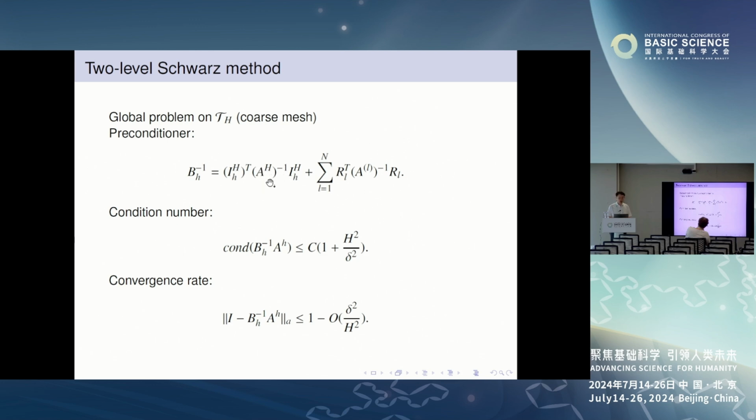This term is where you solve a coarse problem, because we already partitioned the original problem into a coarse space. So we can solve on this coarse space, plus the one-level additive Schwarz, which is the sum of the above. You just add these terms. We call this method the two-level Schwarz method. And then the condition number can be improved to 1 plus capital H square over delta square.